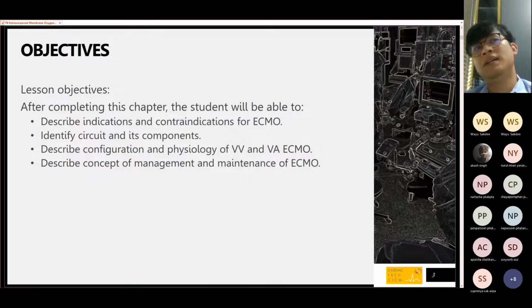Then I'm going to classify it into main types, and also talk a little bit about how it affects our body, the patient's body. Then I will talk about monitoring and maintenance of ECMO.